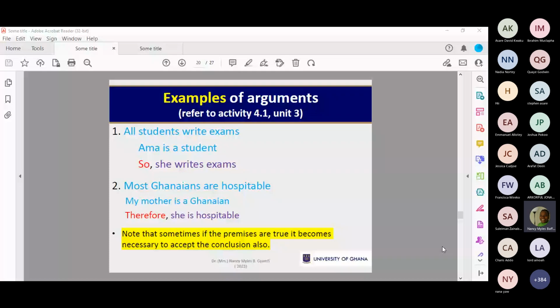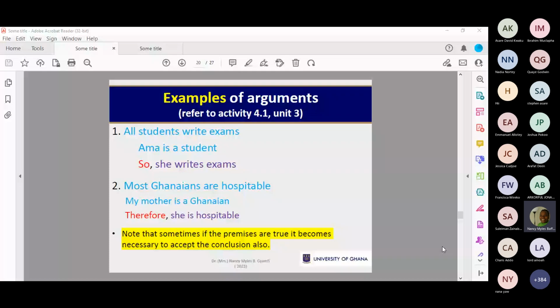So on our screen, if I said all students write exams, Amma is a student, so she writes exams. That looks like I have no option than to conclude that she writes exams, because the first premise said all students write exams, all students, all. Then the next premise also said Amma is a student. So what I know of all students will apply to Amma also. That's the second premise, the second piece of evidence I have.